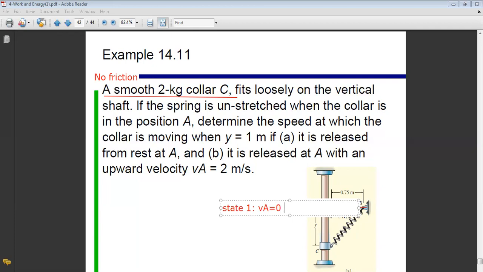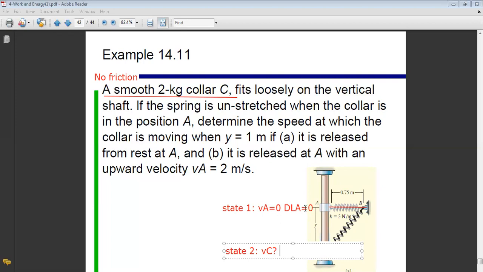So because the spring is unstretched at A, delta L of the spring at A is 0. So these are the two conditions at state 1. Now at state 2, we want to find the corresponding velocity. So at state 2, the velocity is unknown. State 2, vC is not given and it should be calculated.